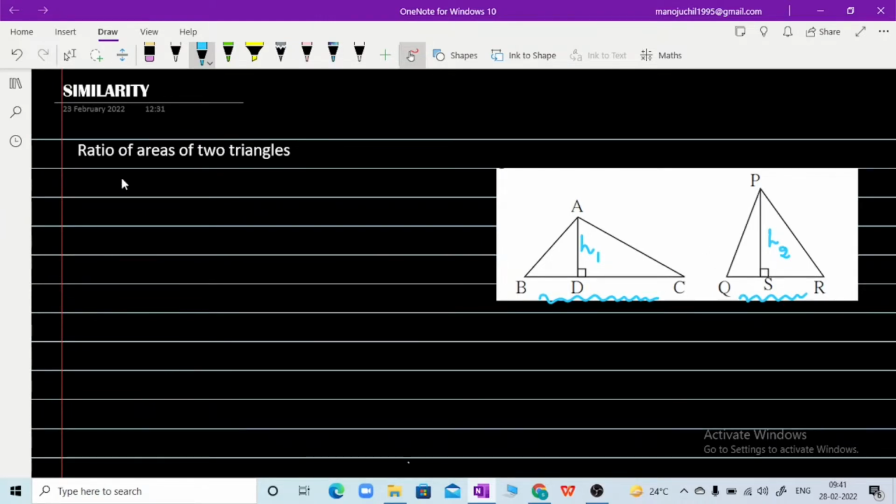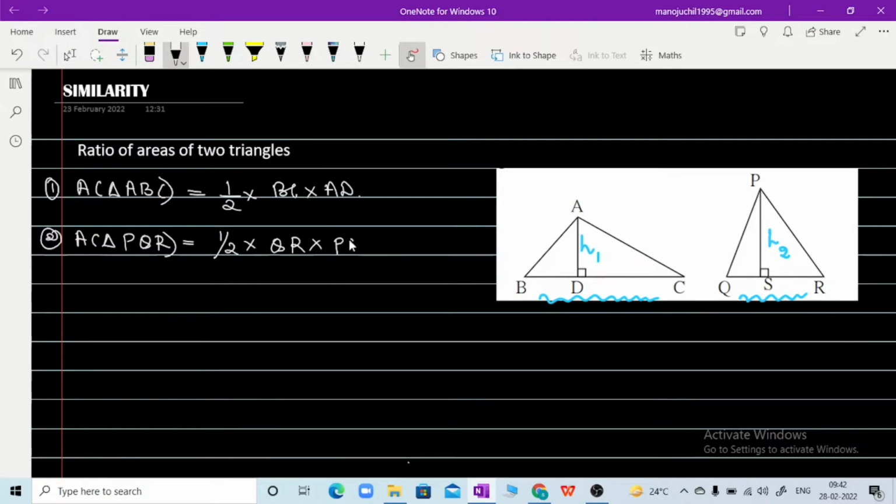Now let's find the area of the first triangle ABC. Area of triangle ABC is equal to half into base BC into height AD, whereas the area of the second triangle PQR will be equal to half into base QR into height PS.